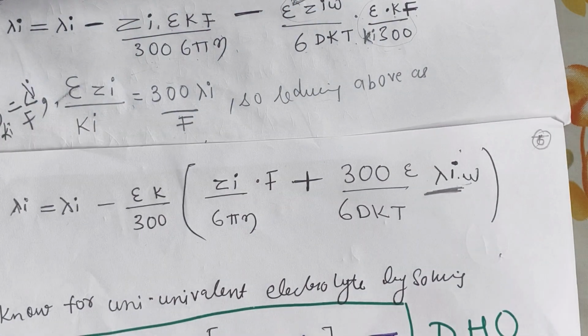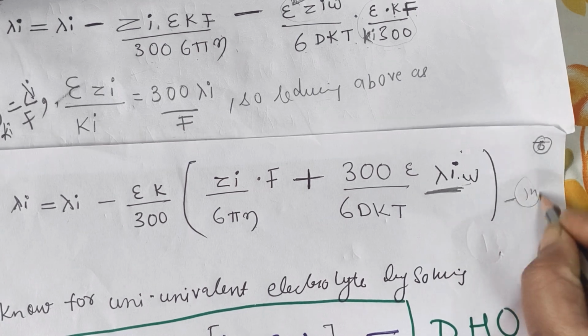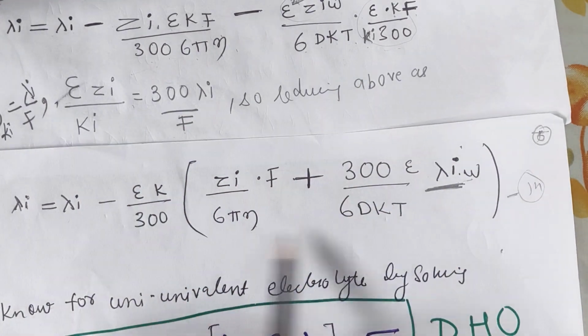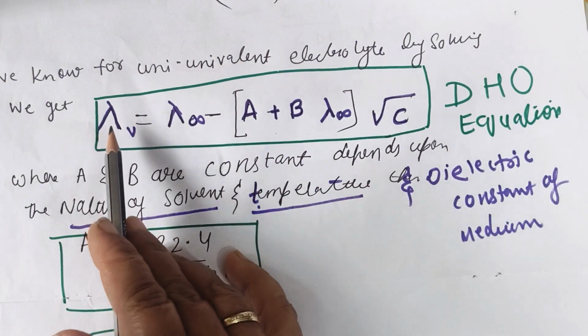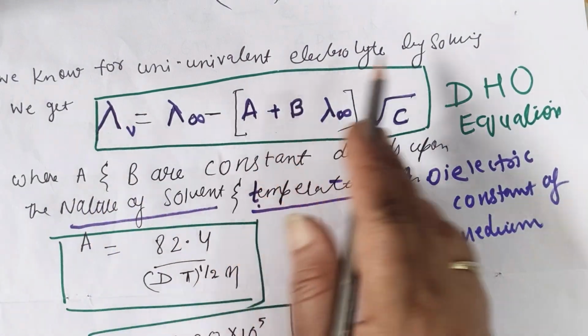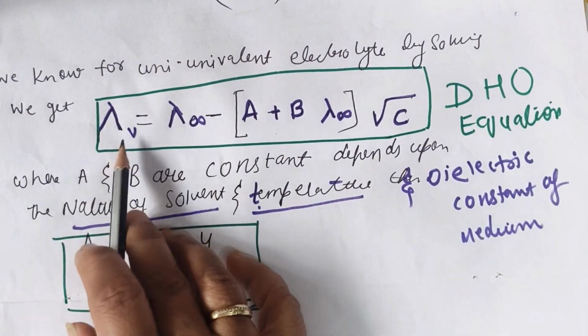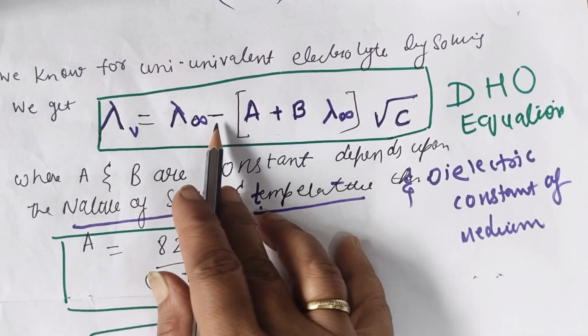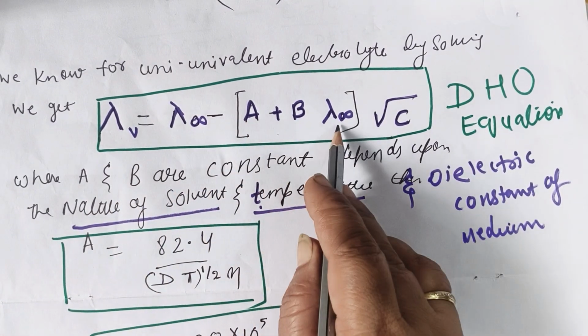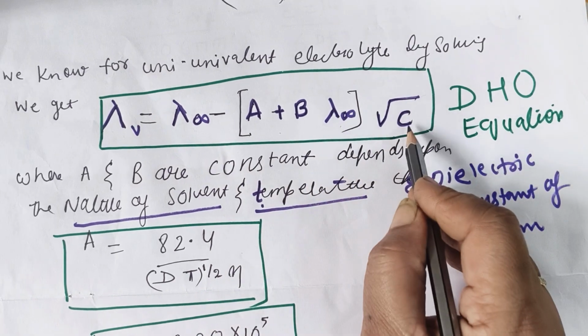So now give it equation number 14, and finally by solving this term we will get one equation that is termed as the Debye-Huckel-Onsager equation, and it is represented as lambda v is equal to lambda infinity minus (a plus b lambda infinity) square root of c.